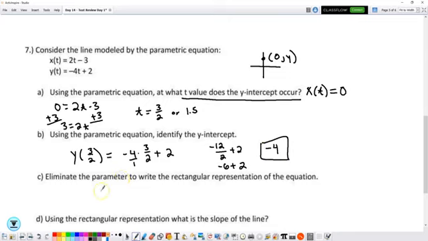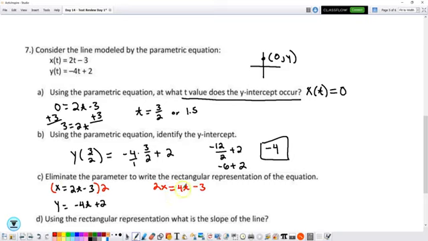Eliminate the parameter to write the rectangular representation of the equation. So when I look at this equation, x equals 2t minus 3 and y equals -4t plus 2, I notice that if I multiply the x equation by 2, that would give me 2x equals 4t minus 3.